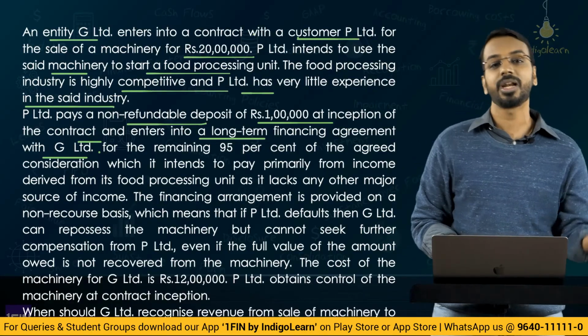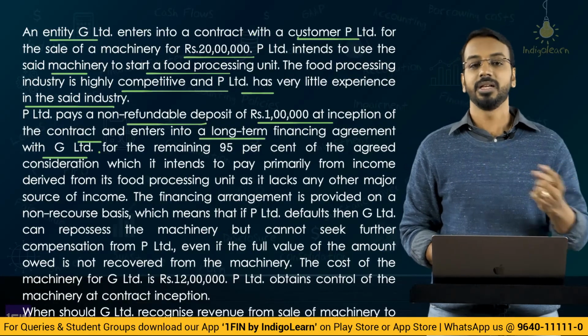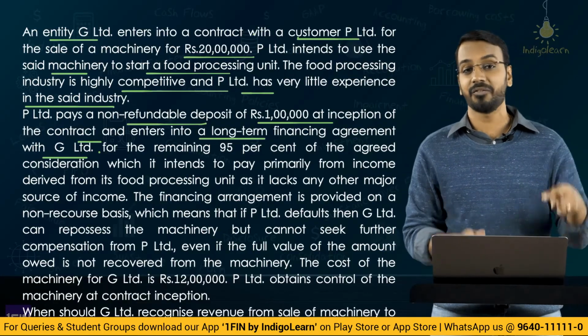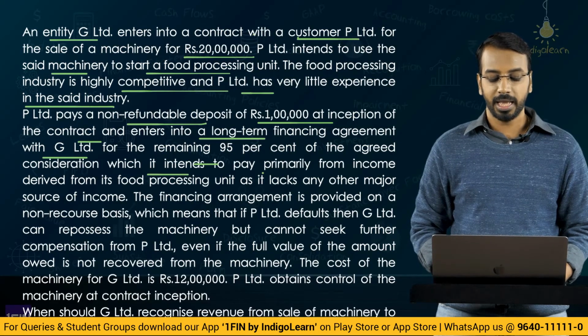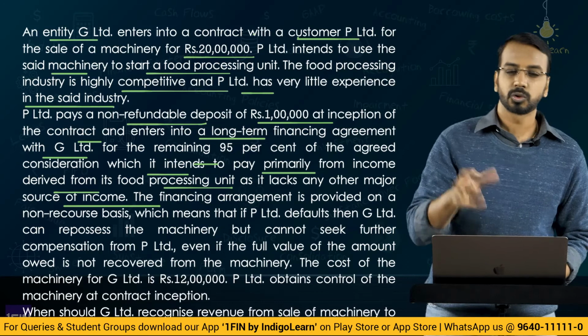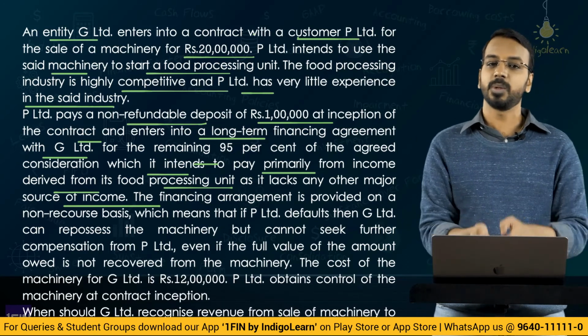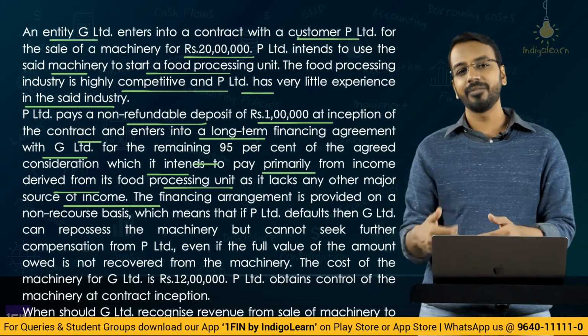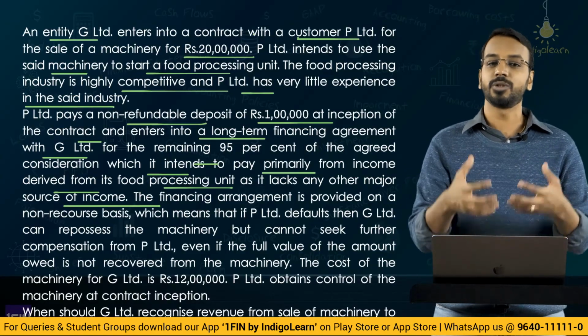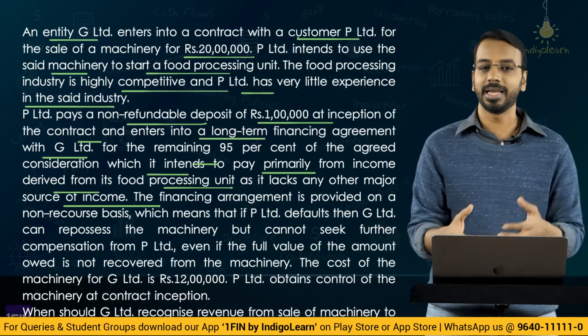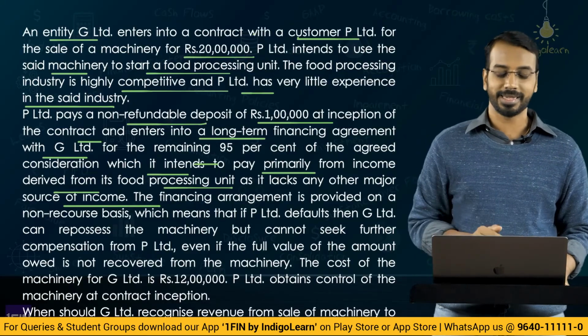This means G Limited will give financing for the remaining 95% of the agreed consideration, which P Limited intends to pay primarily from the income derived from its food processing unit, as it lacks any other major source of income. So, the customer has said that it will repay the amount pertaining to this financing arrangement by utilizing the proceeds from the unit that will be set up.